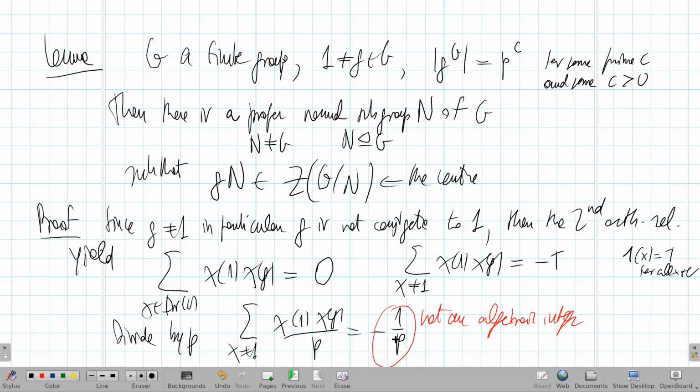So this means that not all terms here are algebraic integers. Let me rewrite this before copying it to the next.